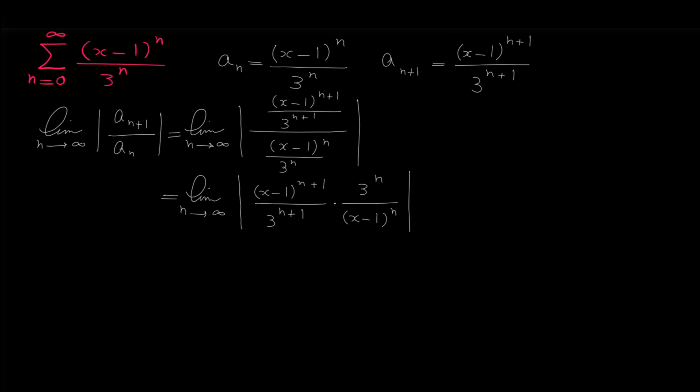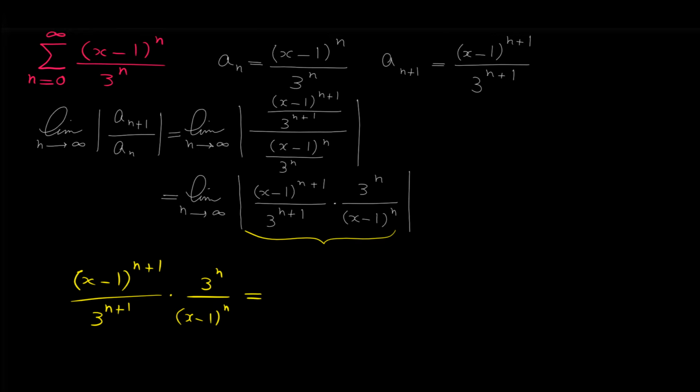Now let me show you how we can simplify this expression inside of the absolute value. We have (x minus 1) to the power of n plus 1 over 3 to the power of n plus 1, times 3 to the n over (x minus 1) to the n. Note that (x minus 1) to the power of n plus 1 is actually (x minus 1) to the power of n times (x minus 1). And 3 to the power of n plus 1 is 3 to the power of n times 3.